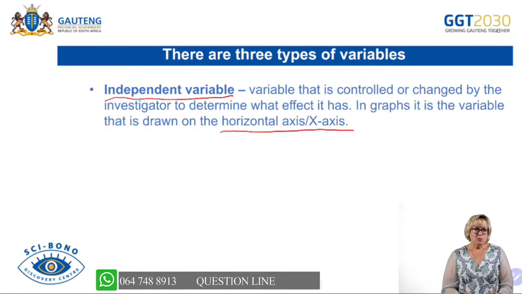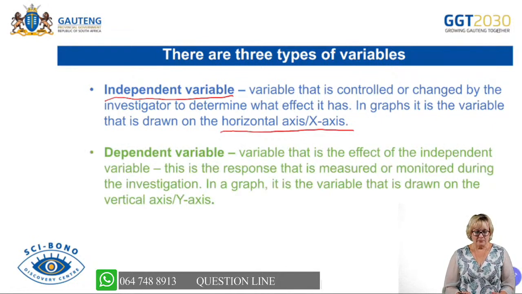That's very important for you to remember, because if we give you a graph, and I ask you, identify the independent variable, then you must know where to look for it. And if there's a graph, remember now, it is on the x-axis, the horizontal axis of your graph.